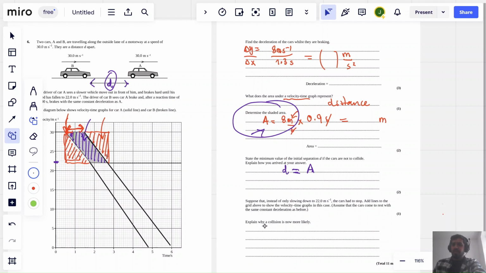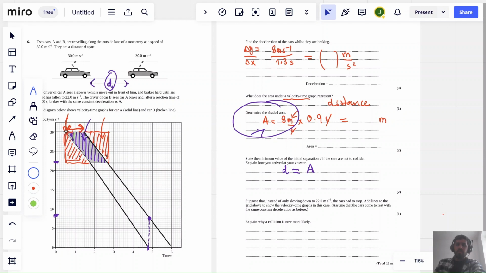The next question is, explain why a collision is more likely. Now, the collision is more likely because, for example, look at this point here. At this point in time, which is about 4.8 seconds, car A has stopped, right? But at the same time, car B is still moving with this velocity.